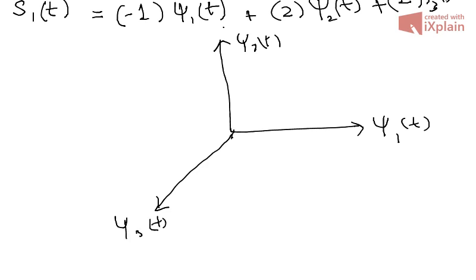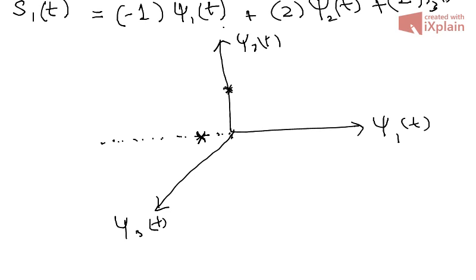So if you see, you have -1, so the negative psi1 axis would be here. So I have this image is -1, so let me point it out here. Let me put a point here, and psi2 is 2, positive 2, so it should be somewhere here.